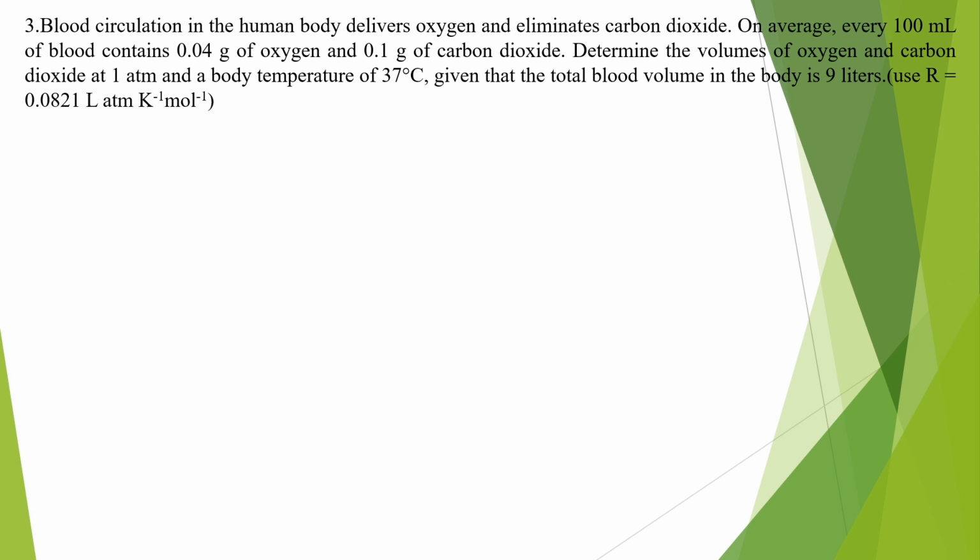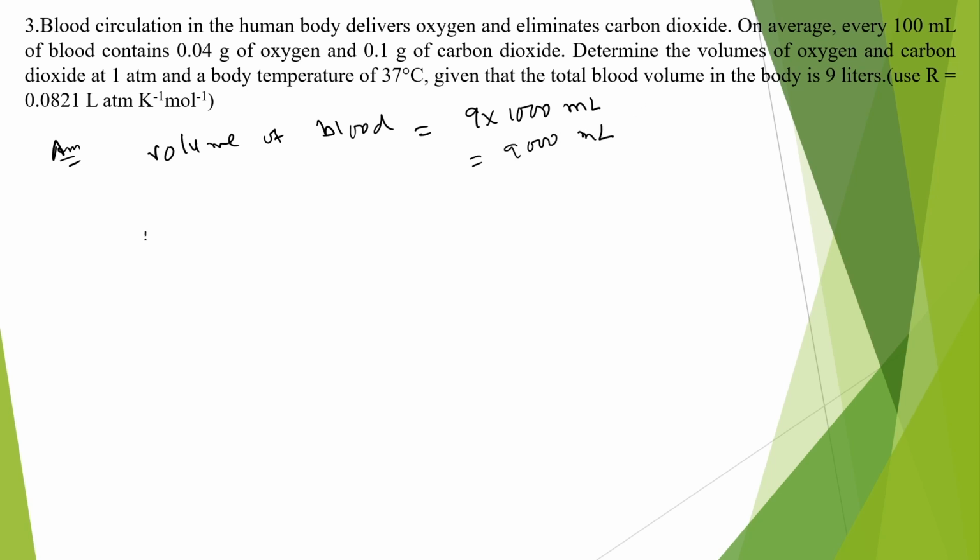So, we start with volume of blood first. Okay, so, solution is, so volume of blood is 9 times 1000 because this gives you 9000 ml.